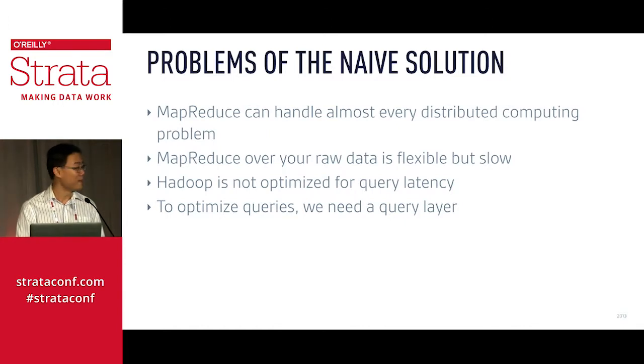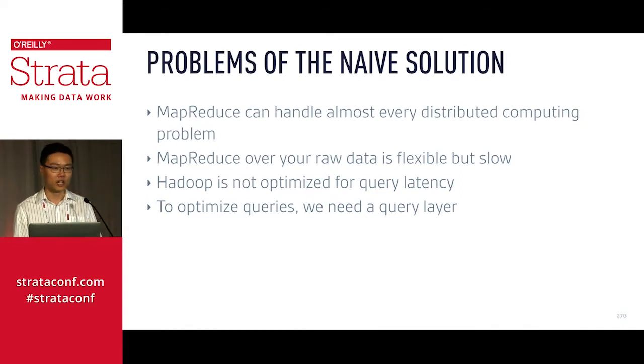MapReduce is amazing and can handle virtually every distributed computing problem you can think of. But because it's such a general framework, it's not particularly optimized to do a lot of things very well. In particular, MapReduce and Hadoop don't make a lot of guarantees around query latency.